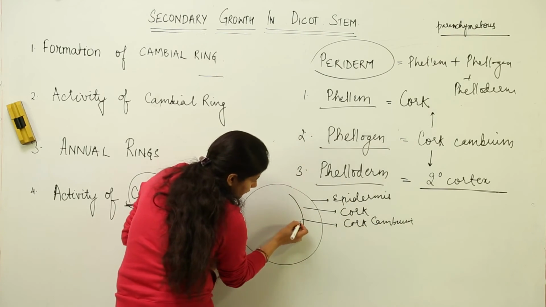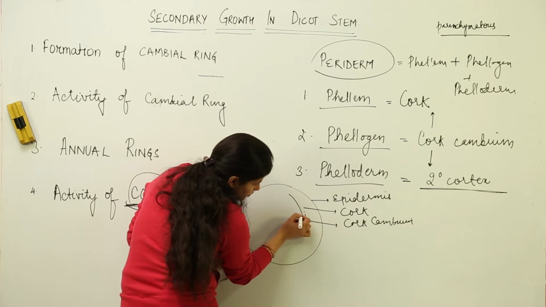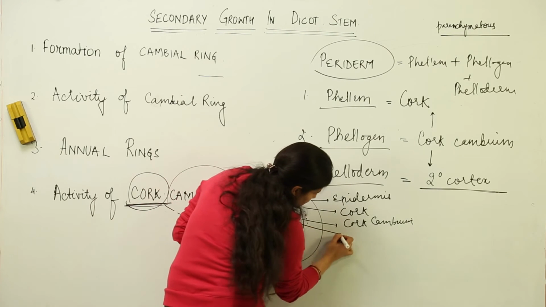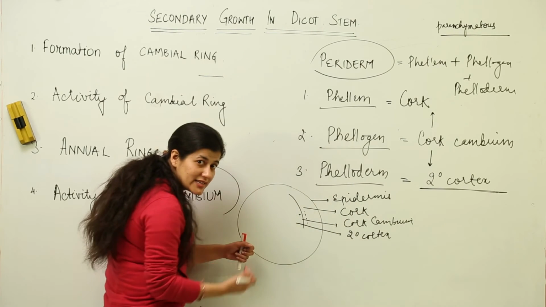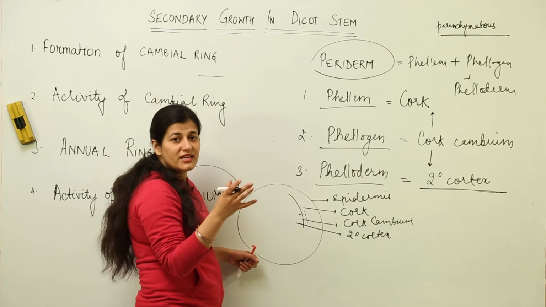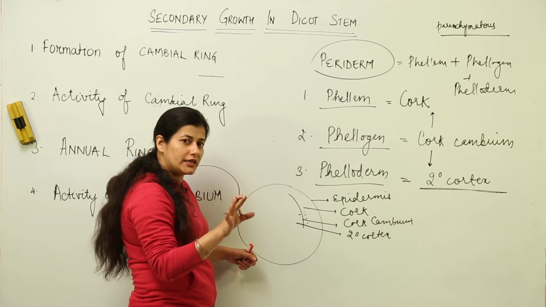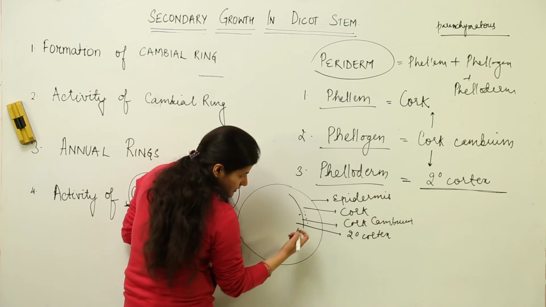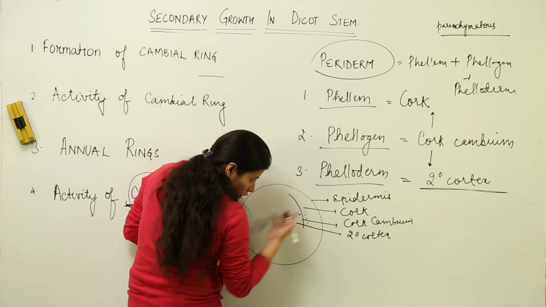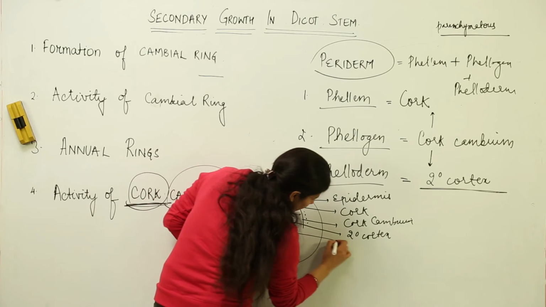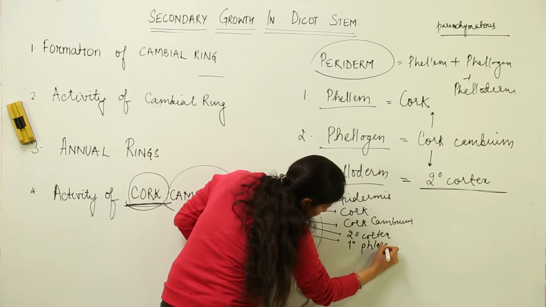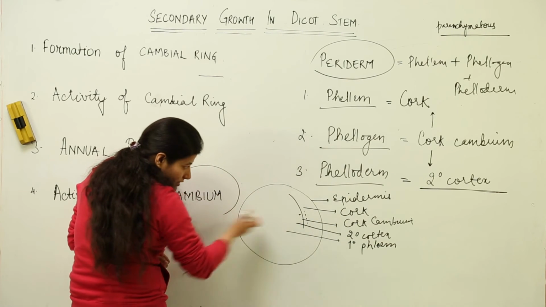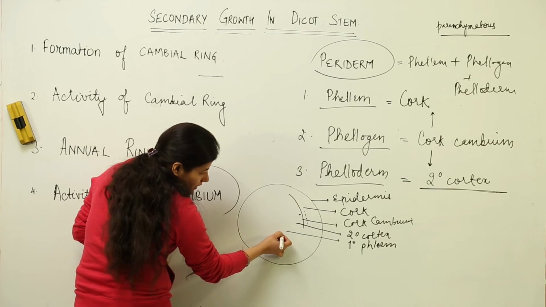Alright, what is cork cambium giving rise to towards inside? That is secondary cortex. What lies inside secondary cortex? All those pericycle and endodermis get crushed. So beneath secondary cortex, or I would say inward to secondary cortex, there lies the primary phloem, which is almost crushed.